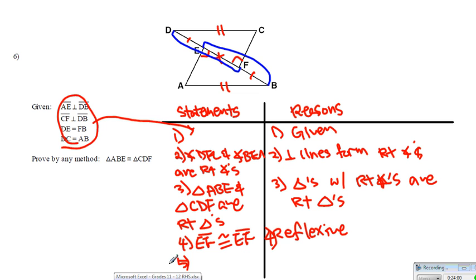Number 5 here, it becomes, we need to add up those two, so we end up getting DF must be congruent to BE. Why? It will be addition postulate.